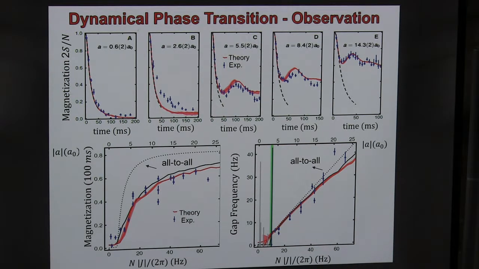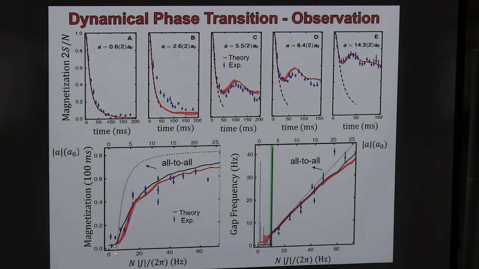The solid line is mean field theory from the spin model that I described before. So you can see an abrupt change when the system demagnetizes, and then oscillations around an equilibrium non-zero point of the magnetization. And here, at 100 milliseconds, we see a jump in the total S, the collective magnetization, that is very well described between the experiment and the theory.